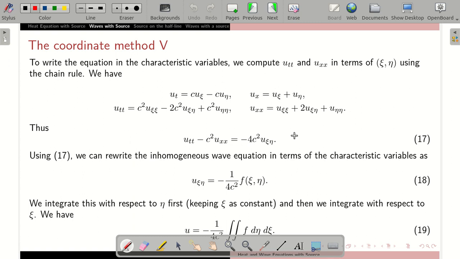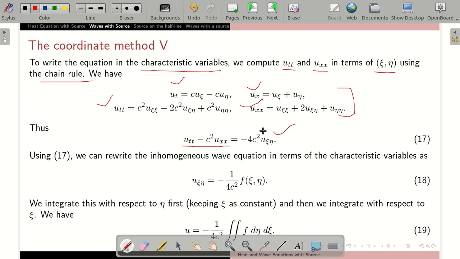Now we write the equation in characteristic variables, that is, you compute utt and uxx in terms of xi and eta using the chain rule. Write ut, ux, then utt and uxx, which we have done using the canonical transformation. Put in the values of utt and uxx here.